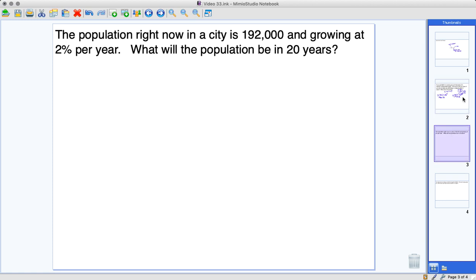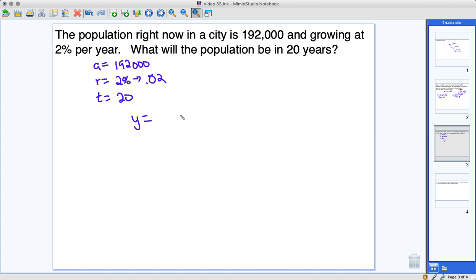Next one. The population right now in a city is 192,000 and growing at 2% per year. What will the population be in 20 years? Same thing, identify your pieces. A is our initial amount, so we start with 192,000 people. R is our rate, so 2%, which remember is 0.02. And then our T for this one is going to be 20.